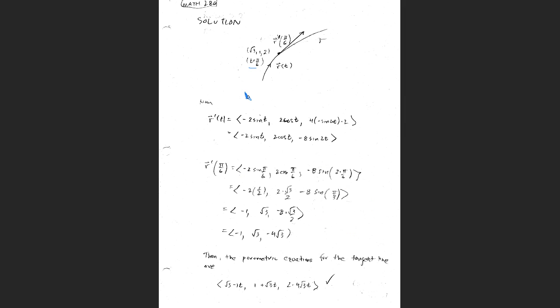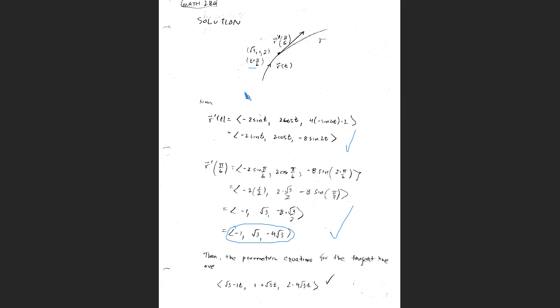No problem. So we compute r prime of t, and then we compute the derivative vector r prime of pi over 6, as you see here. And this is that tangent vector.